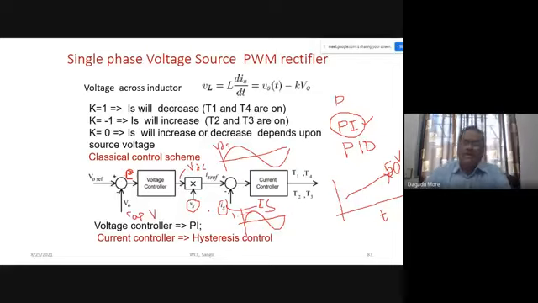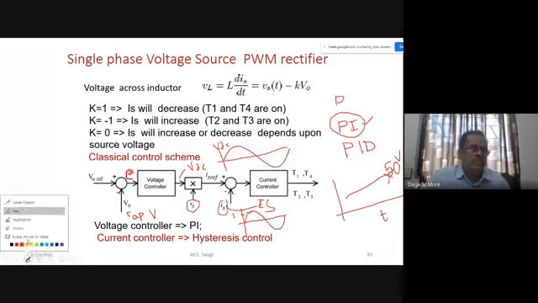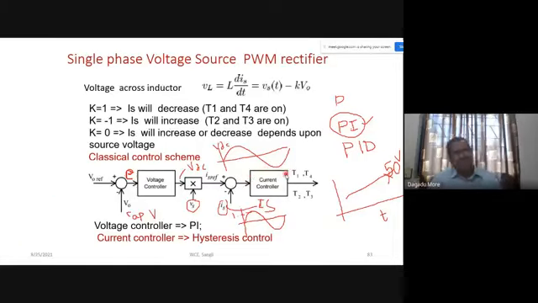This particular controller, the current controller, can be a PI controller. We get the I reference, we get the source current feedback, we generate the error, and from that we get the output. So for the current controller we can use a PI controller, but the PI controller output is a DC.